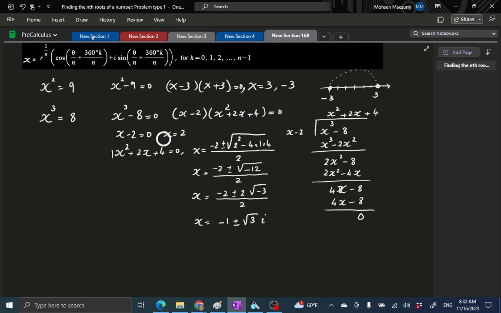So we have three roots, x equal to 2 and these. So in these problems, when you want to write down the solution, if that was the equation given to you, you write 2, comma, minus 1 plus radical 3 i, and comma, minus 1 minus radical 3 i.